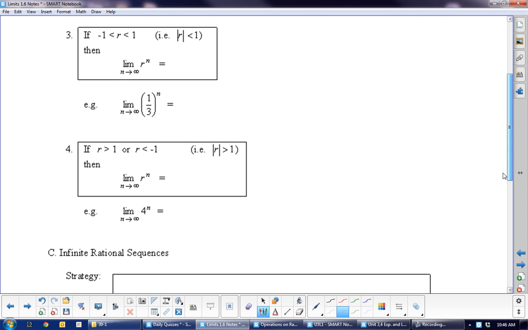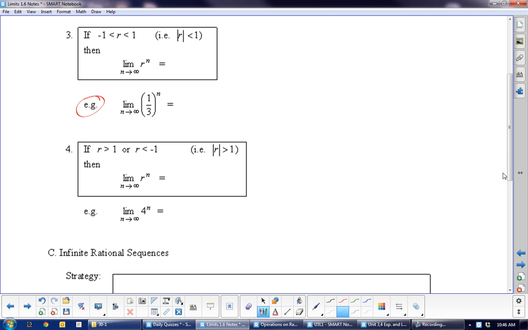Number 3, what if r is between -1 and 1? This is actually quite similar to number 2. Maybe an example would be best here. What if we did this example right here, 1/3 to the n.